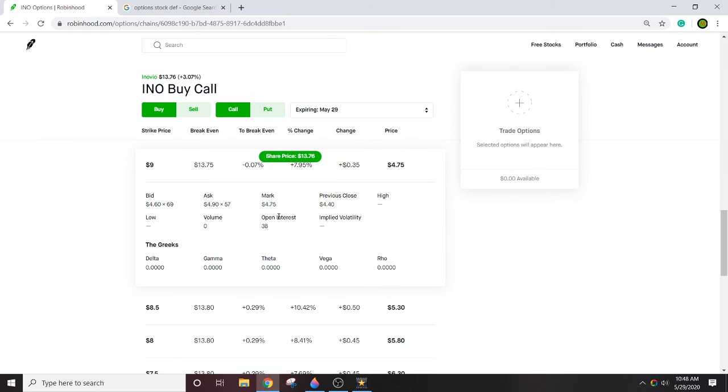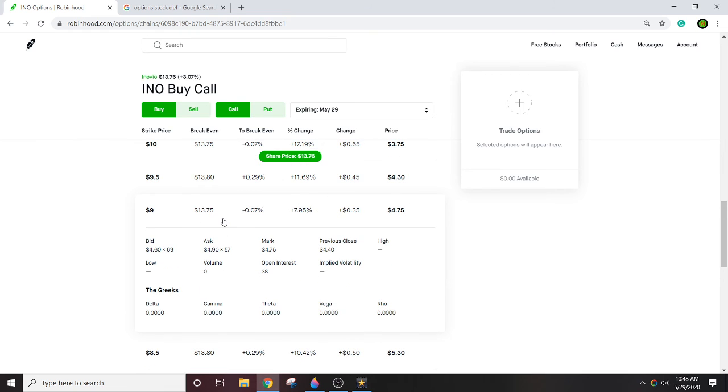So there's different terms that you have to know. For example, if you buy this right here and you sell it, you'll be making $1 profit because this is in the money. So if you see right now, the share price went up to $13.76 and the break even is $13.75. So it's an extra cent. It's in the money.